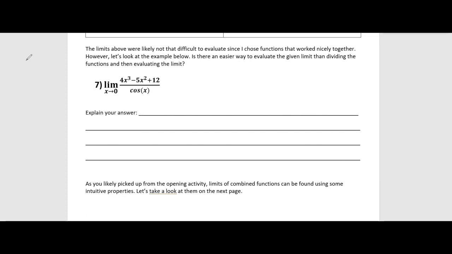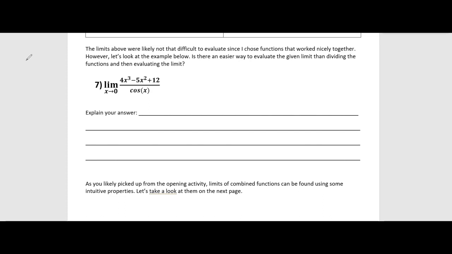I'm guessing most of you thought that you could substitute in 0 to the numerator and substitute in 0 to the denominator separately and then divide the functions. And that makes sense. We've kind of already done that when we've talked about indeterminate form. We've talked about evaluating the limit of the numerator and then the limit of the denominator. I just didn't explicitly talk about that limit principle because I thought the other content at the time was more important. But we are allowed to do that.